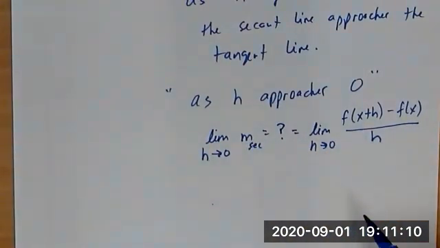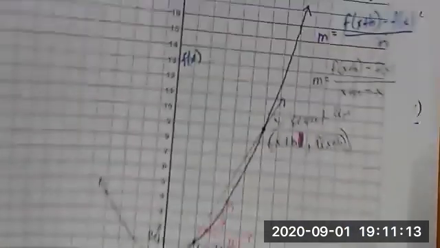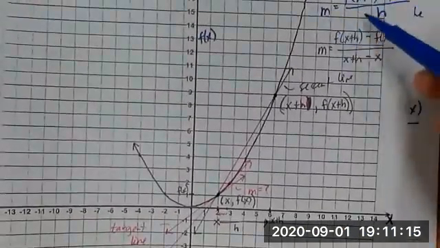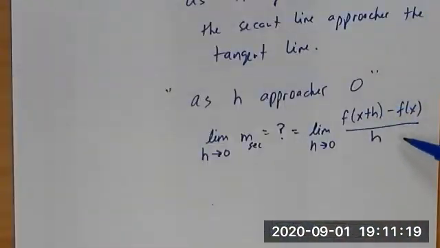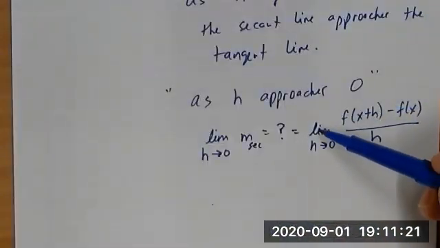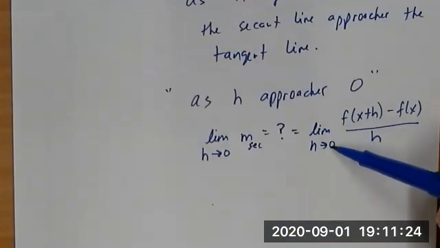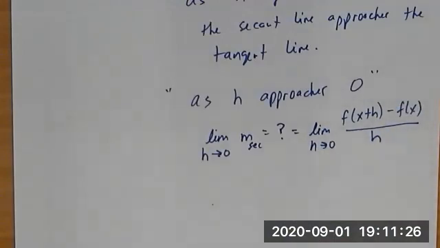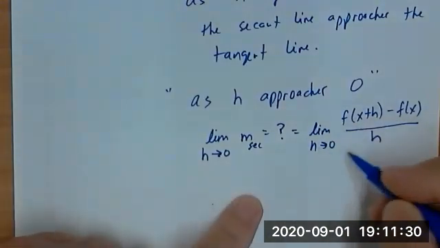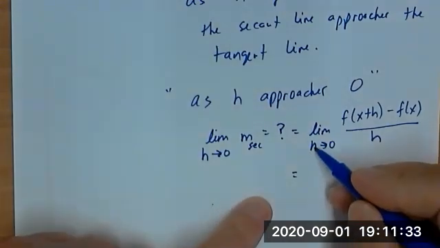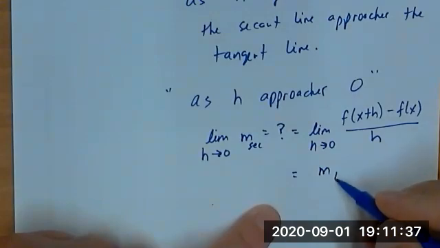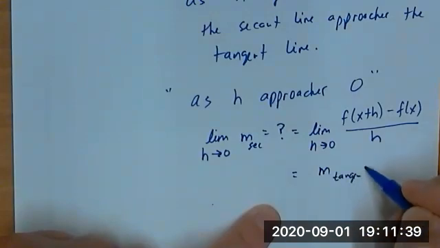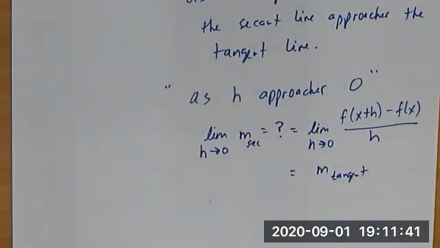We already worked up an equation for the slope of the secant line, the line that connects those two points, and it was this. So I can now say the limit as h approaches 0 of this is what I really want to find. Because you know what this is going to be equal to as h gets to 0? It's basically going to be equal to the slope of the tangent line.